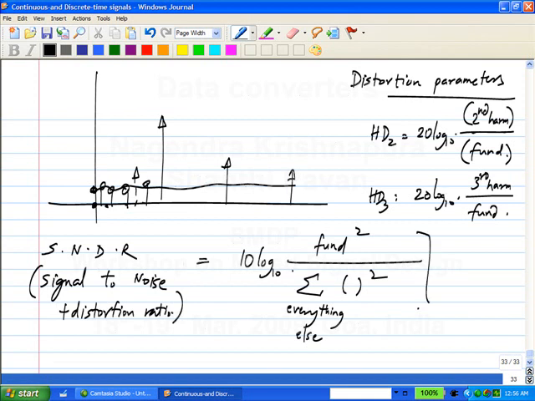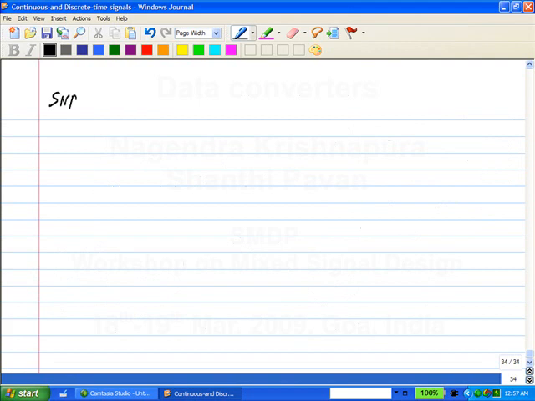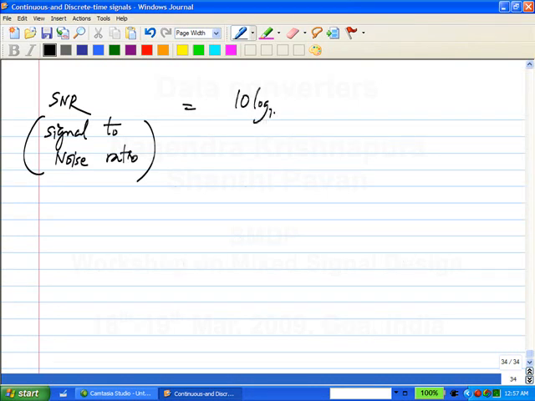And there is another measure, which is the signal to noise ratio, which is 10 log 10 of the square of the fundamental divided by the square of the other things.